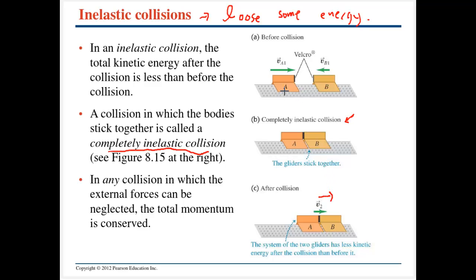Here we've kind of assumed that they're going to have the same mass, and this one has a larger velocity, so intuitively you know it's going off in that direction. And we'll work a problem or two with completely inelastic collisions because they're fun and they're easy.